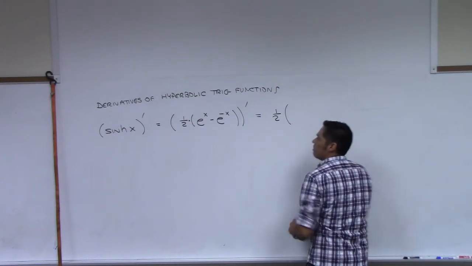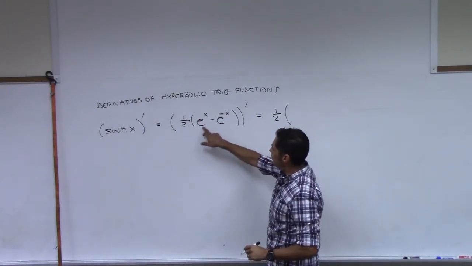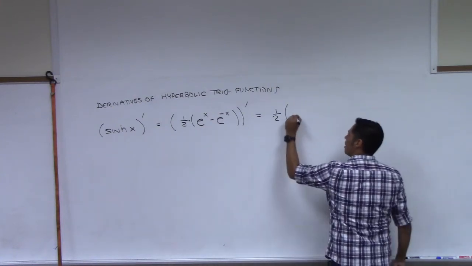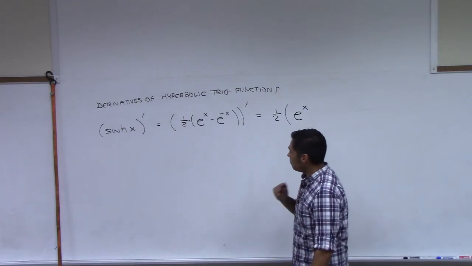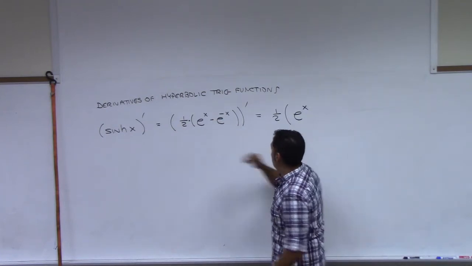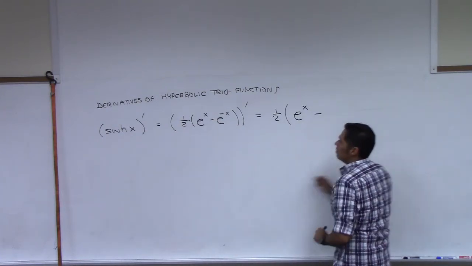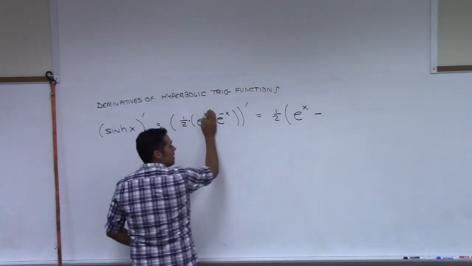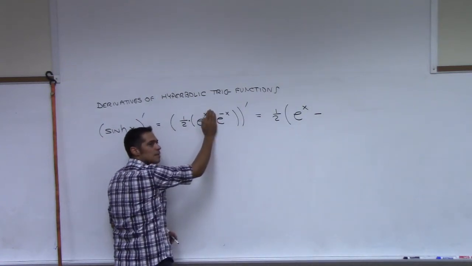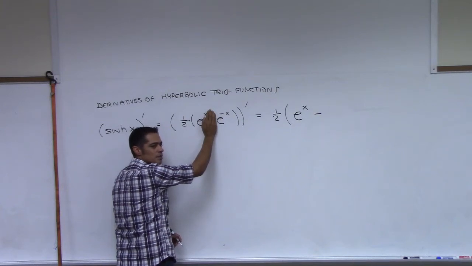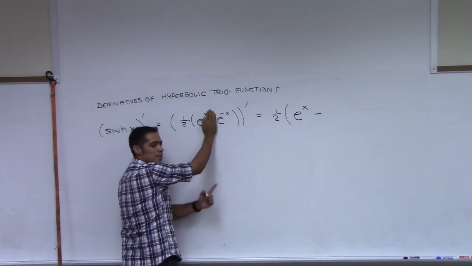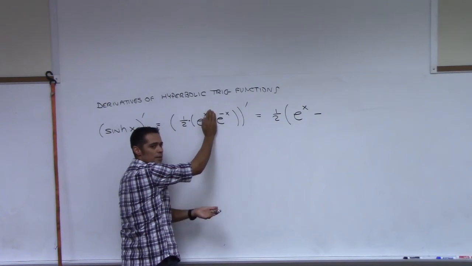Now we take the derivative of each of these terms separately. What's the derivative of e to the x? Itself. Now, a little bit of chain rule here. Let's just write the minus down. What's the derivative of e to the negative x? Negative e to the negative x. Where did the negative come from? The chain rule requires you take the derivative of the exponent up there, and that gives you -1.